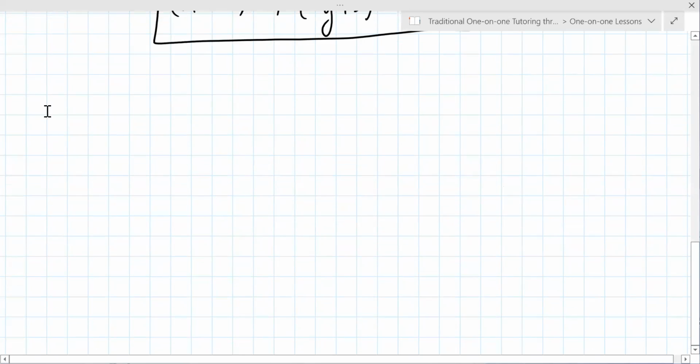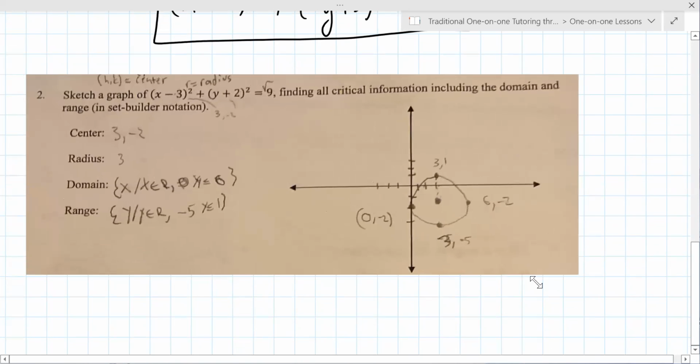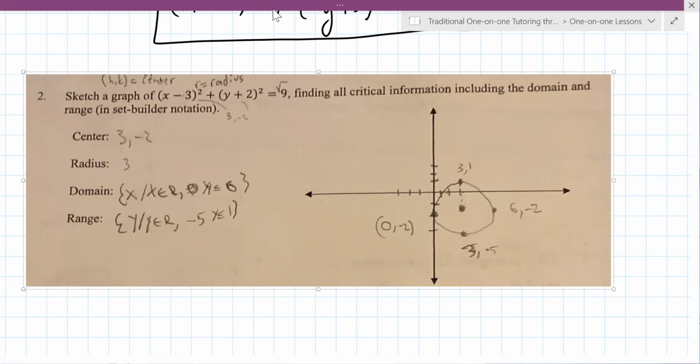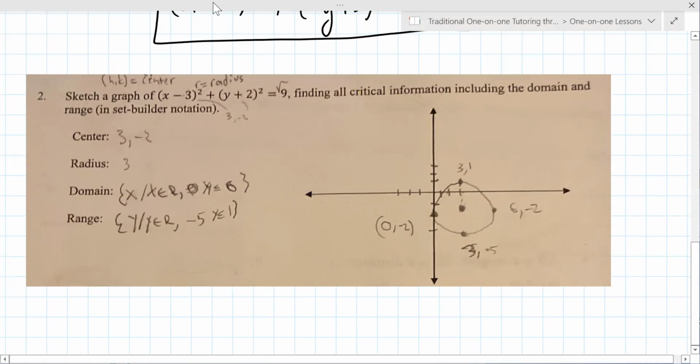With question number 2, my only question is the domain and range part. What's really helpful is you've drawn the circle. I meant to label it even better, but I was just trying to get as much done. It's good enough. So the domain, let me do some shading here, goes from the leftmost x to the rightmost x.